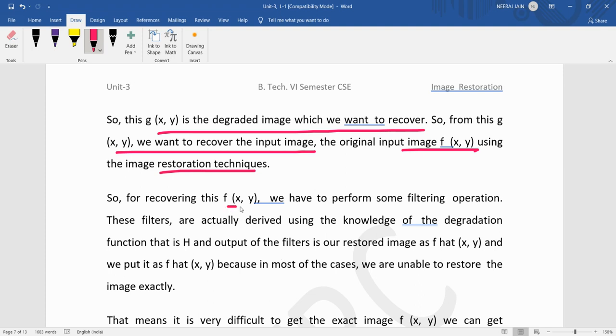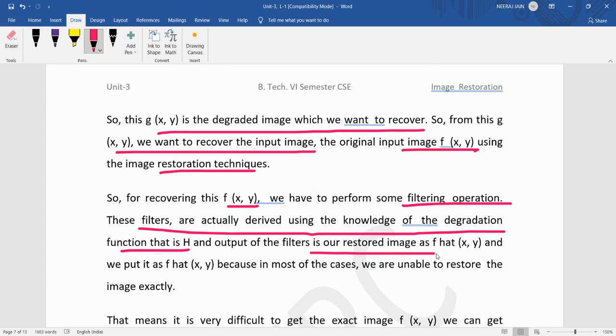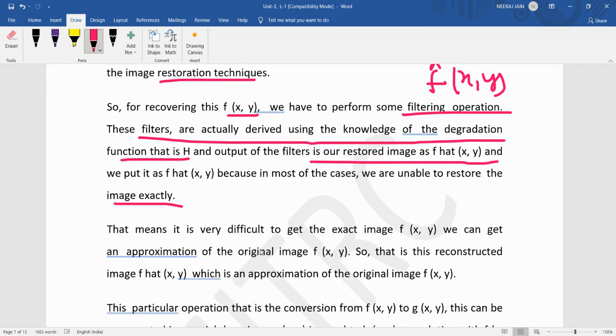For recovering this f(x,y), we perform some filtering operation. These filters are actually derived using the knowledge of the degradation function, that is H, and the output of the filter is our restored image, given by f cap(x,y), that is the output image, which is not exactly the same as the input.